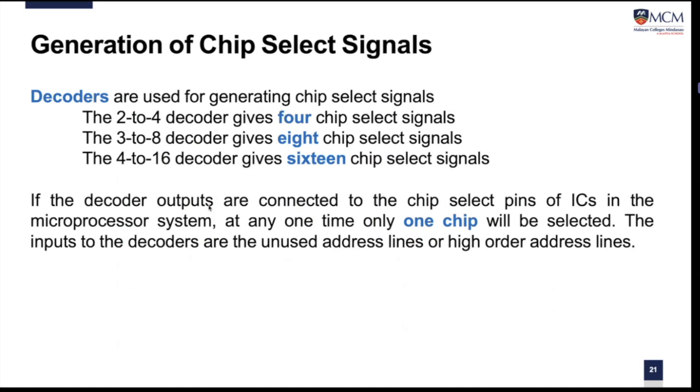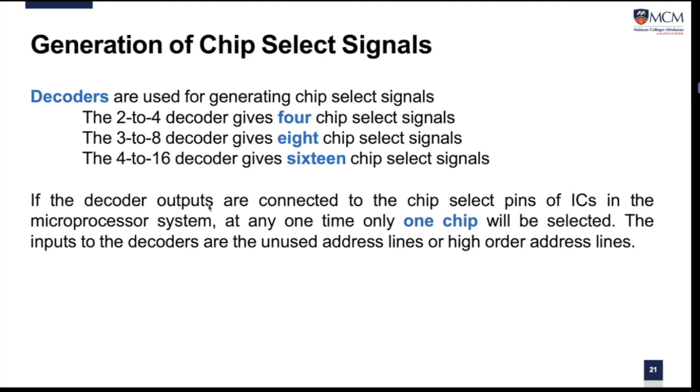So for the generation of chip select signals, we actually have what we call decoders. I know that you have already covered this in your logic circuits. Decoders are used in generating chip select signals. A 2 to 4 decoder gives 4 chip select signals. The 3 to 8 decoder gives 8 chip select signals.